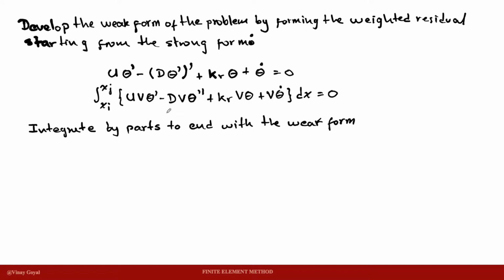In that case, the second term from left to right is the only one that we are integrating by parts. The other terms either are balanced or we cannot balance the derivatives with respect to the weighted function v.